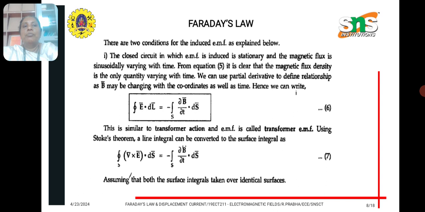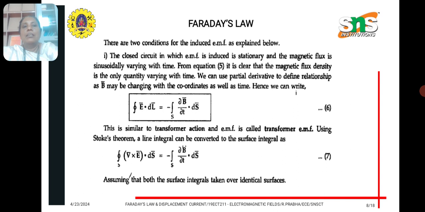From Faraday's law we can go through two conditions. One is where the closed circuit in which EMF is induced is stationary and the magnetic flux is sinusoidally varying with time. From the previous equation of the EMF, the only quantity which is varying is the magnetic flux density.